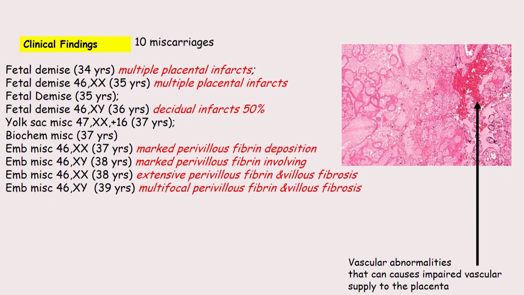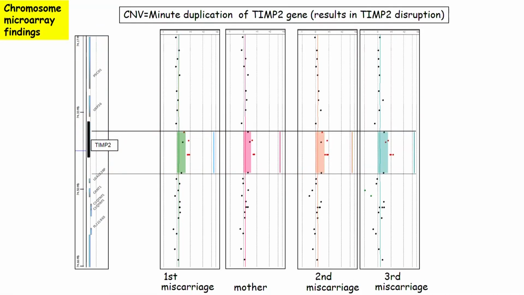The vast majority of miscarriages were chromosomally normal, and they all had a very recurrent type of pathology, which included placental infarcts, decidual infarcts, and fibrin deposition. This was all described by the pathologists. But the bottom line, or the common denominator, was that there were vascular abnormalities in the placenta, which could have impaired the vascular supply to the placenta, and therefore caused the miscarriage.